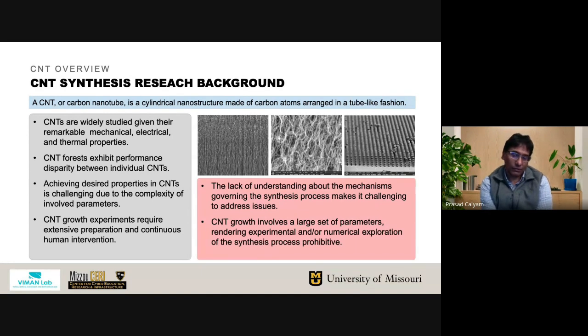If you have not understood what a carbon nanotube is in the past, it's basically a cylindrical nanostructure made up of carbon atoms. And these grow in the form of tubes, and you can see here they grow into some forests that essentially dictate the strength or the way the compression is handled and different properties that are necessary in manufacturing, right?